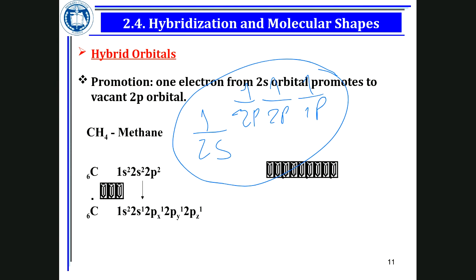And your hybrid orbital is not going to be at the energy level of p, is not going to be at the energy level of s, it's going to be somewhere in between. So it's going to be 1, 2, 3, 4. And each one of these is called sp3.